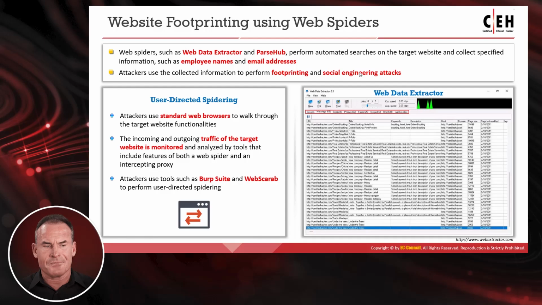So again, we're going to revisit all this in our web server, web application, and SQL injection discussions. All right, website footprinting using web spiders. In a nutshell, the web is a series of interconnected links. A spider walks the web link to link to link. So the whole spidering concept is spidering down from link to link to link and doing it in an automated fashion. Now, if I log into a website like EC-Council, there's a bunch of links on that page.